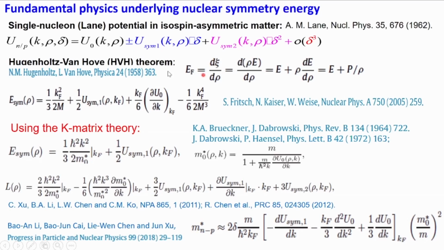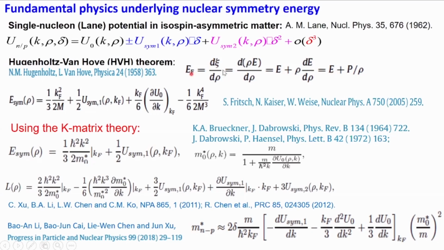Now, there is a well-known so-called HVH theorem, which relates the chemical potential at the Fermi surface, the Fermi energy, with the average energy of nucleons. At the normal density where the pressure is 0, the average energy per nucleon is just equal to the chemical potential, the Fermi energy.